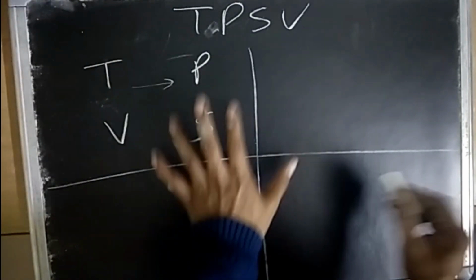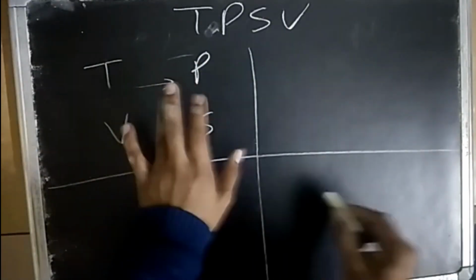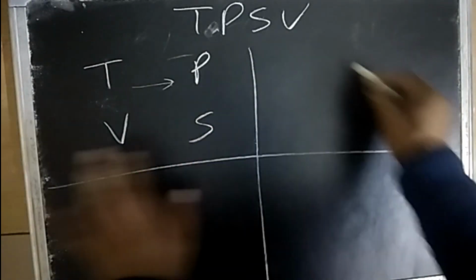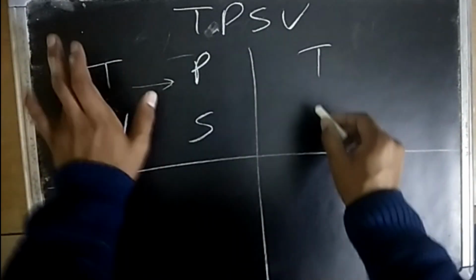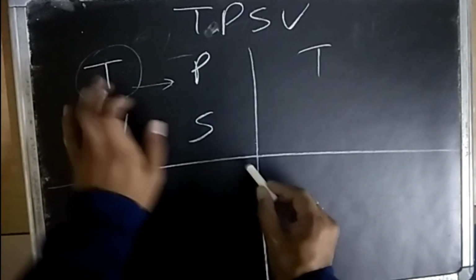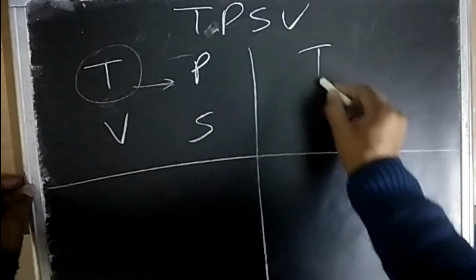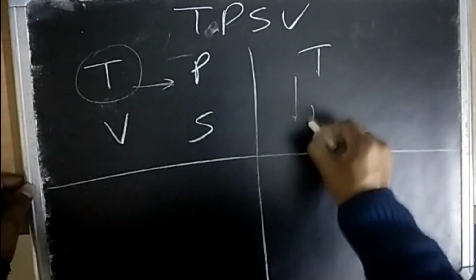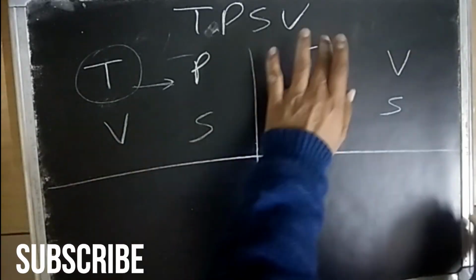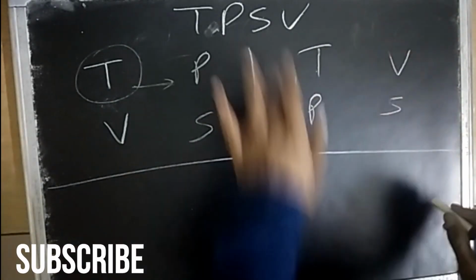This is for the u one, for the h one, first horizontal, T above. Just remember the position of T, then T vertical, T P S V, T vertical, P S V, TAPAS V.